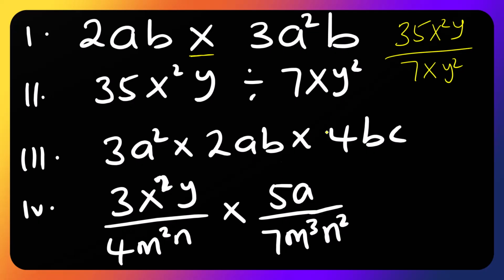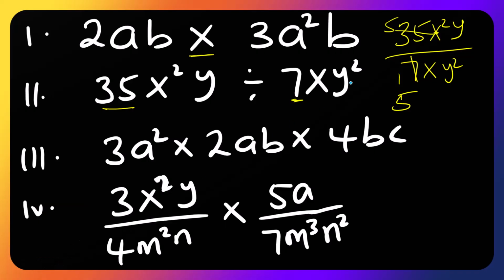We just divide. 7 ones are 7, 7 threes are 21, 7 fours are 28, 7 fives are 35. So 35 on 7 is 5, and we are done with the numbers.